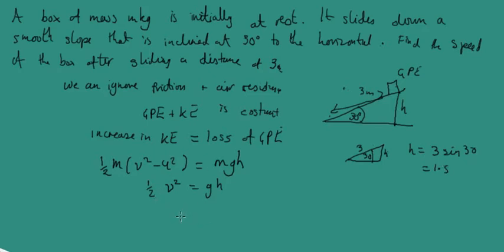So v squared is going to be 2 times 10 times 1.5, that's meters. So v will be the root of 20 times 1.5, which will equal 5.48 meters per second.